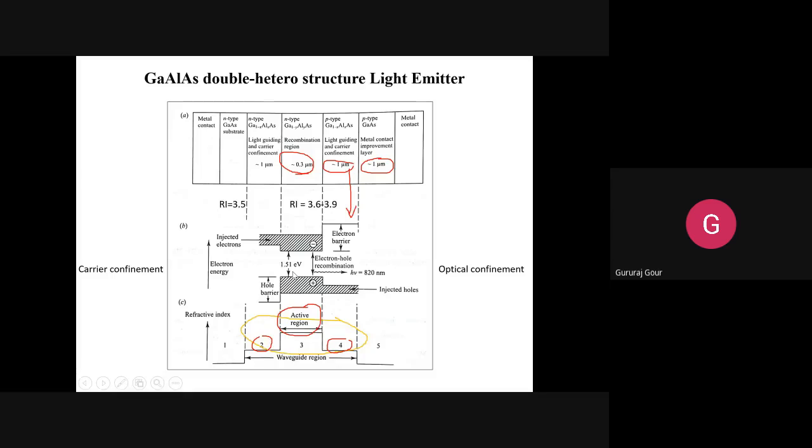You can see the band energy is very high in region 2. In region 2, the band gap is very large compared to this one, 1.5.